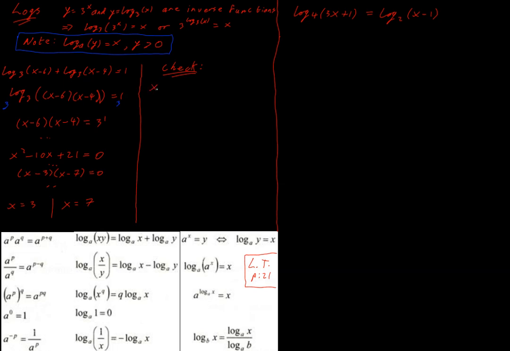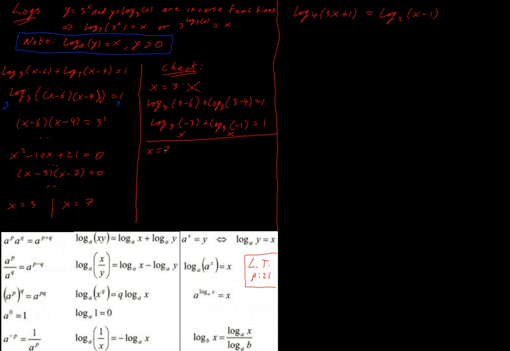So if we check x is equal to 3, I get log to the base 3 of 3 minus 6 plus log to the base 3 of 3 minus 4. We can probably immediately see what the problem is. I end up with log to the base 3 of minus 3 plus log to the base 3 of minus 1 is equal to 1. Neither of these functions are defined. They don't mean anything. So we say this is an invalid solution.